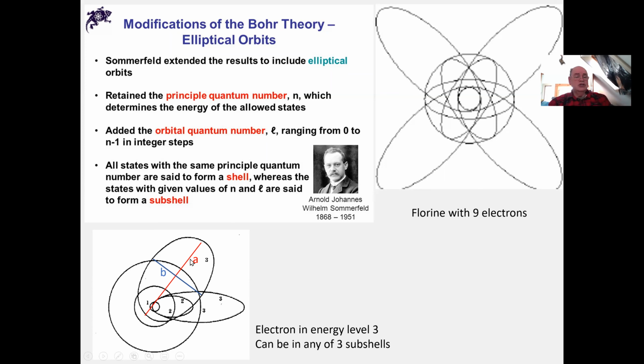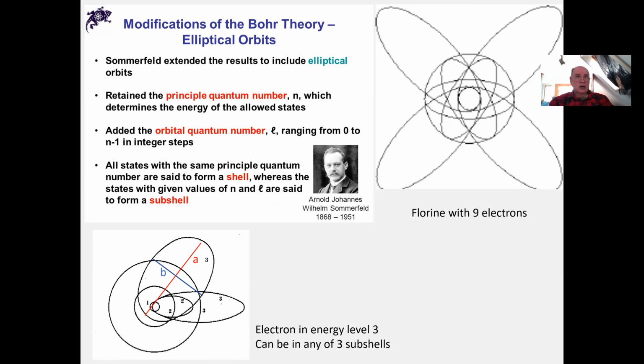When A and B were equal to each other, you'd get a circle. When A was twice as big as B, you would get one kind of orbit. When A was 3 times as big as B, you would get a longer, more flattened ellipse, all with the same energy level. So what he was essentially quantizing, as a quantized variable, was the orbital angular momentum. These various ellipses of different shapes had different angular momentums.